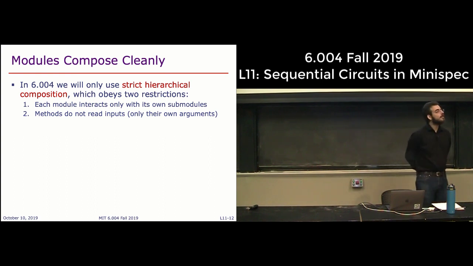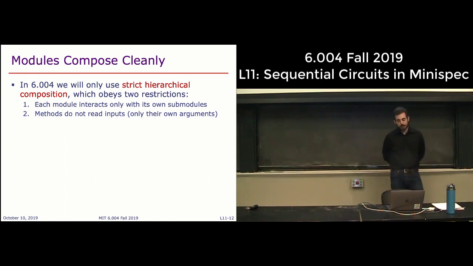Also, we're going to limit the kinds of composition that we have in 004. We have what we call strict hierarchical composition, which is formalizing the picture that I showed you in the previous slide. First of all, for each module we're going to impose two restrictions. The first restriction is that each module is going to interact only with its own submodules. The second restriction is that methods will not read inputs, so only their own arguments, but not the inputs that are used by the rules.